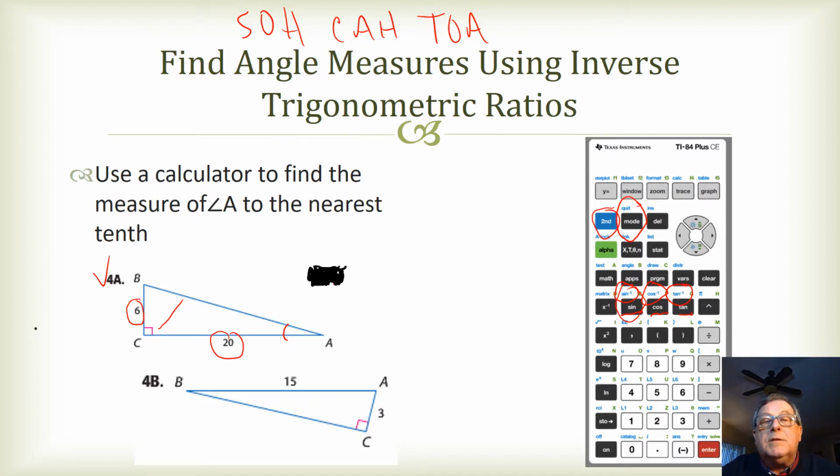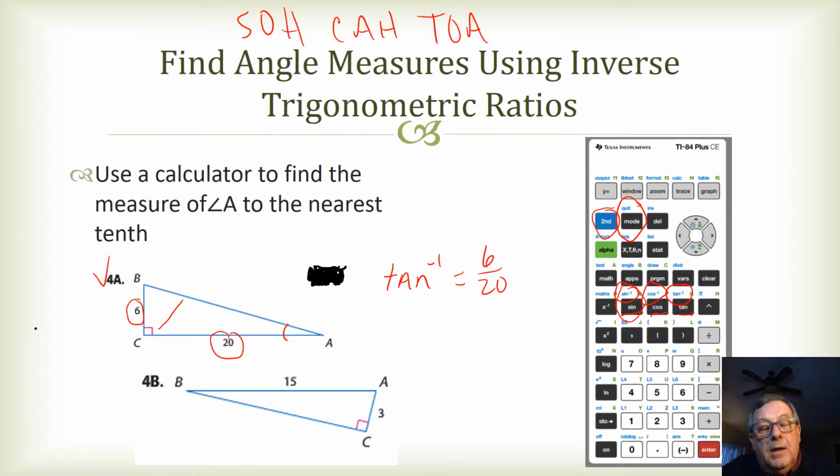Opposite over adjacent is a tangent function. So then I can find this angle measure by tan inverse, tan^-1, equals 6 over 20.